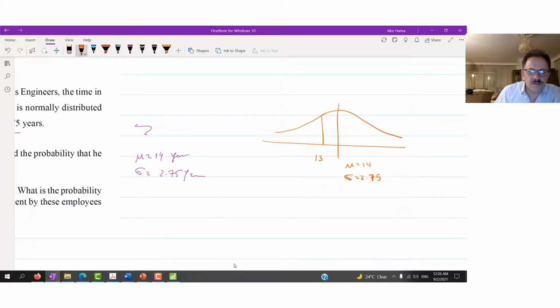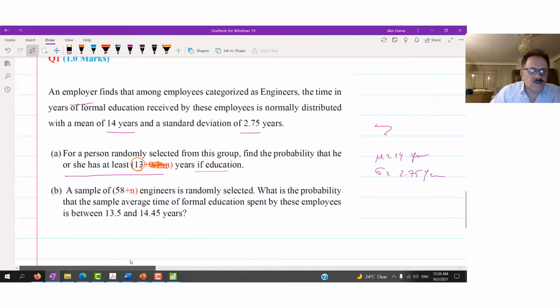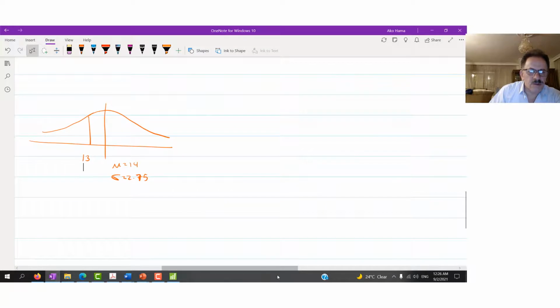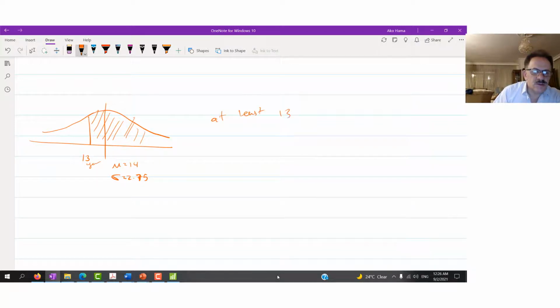It asks me to find the probability that a person has at least 13 years, which means 13 and more. So the required area is this one, 13 years or more. At least 13 years means the probability when x is greater than or equal to 13.